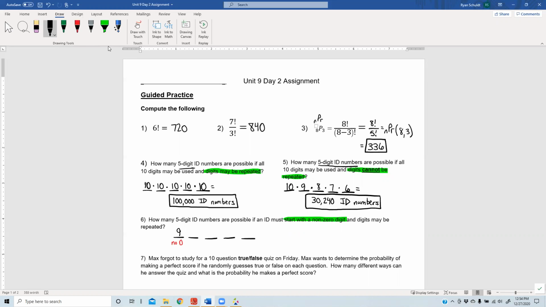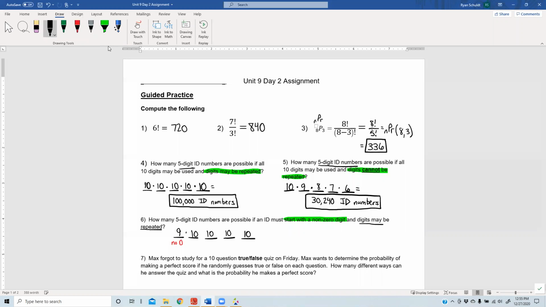But then they tell us digits may be repeated. So that means I could say all 10 are available now because I can use 0 this time. For the second digit, I can use 0. I can use it for the third, fourth, and fifth. So the only thing they changed was that it can't start with a 0.